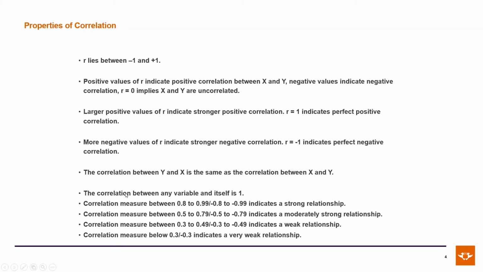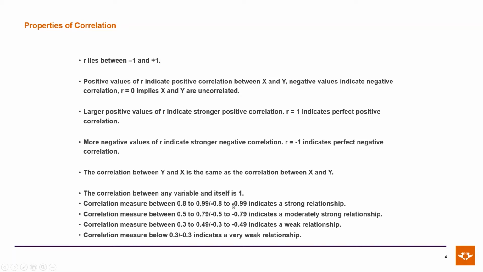Okay, a correlation measure between 0.8 and 0.99, or the inverse, -0.8 and -0.99, indicates a strong relationship. So this is your rule of thumb. Anything between, in absolute terms, 0.8 and 0.99 indicates a strong relationship.